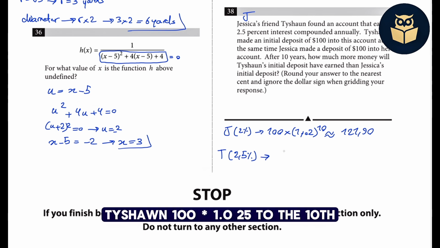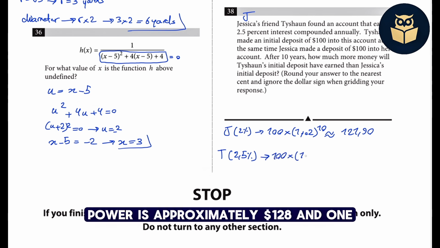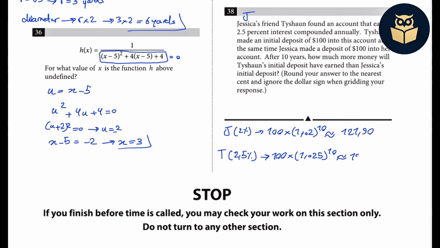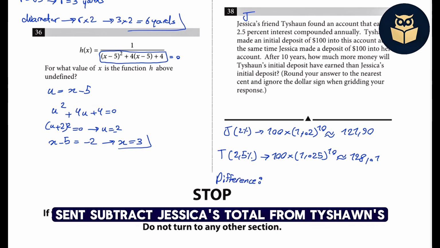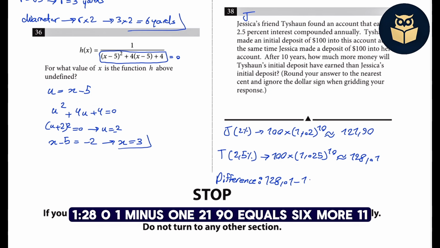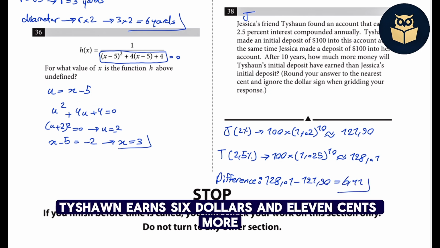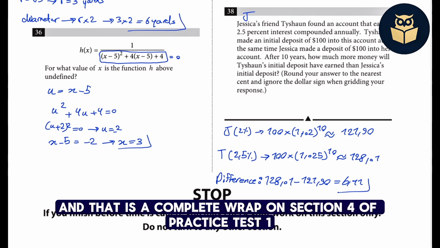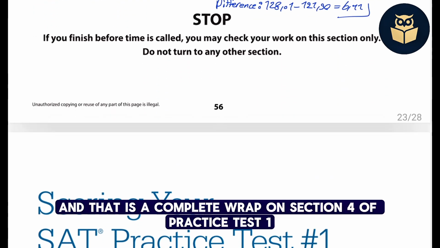For Tyshawn, 100 times 1.025 to the 10th power is approximately $128.01. Subtract Jessica's total from Tyshawn's: 128.01 minus 121.90 equals 6.11. Tyshawn earns $6.11 more. Grid in 6.11, and that is a complete wrap on section 4 of practice test 1.